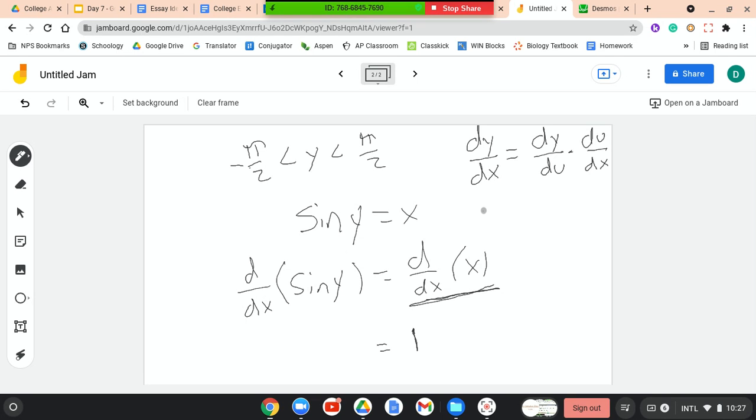Would you agree that it equals the derivative of sine of y with respect to y, times the derivative of y with respect to x? What's the derivative of sine of y with respect to y?